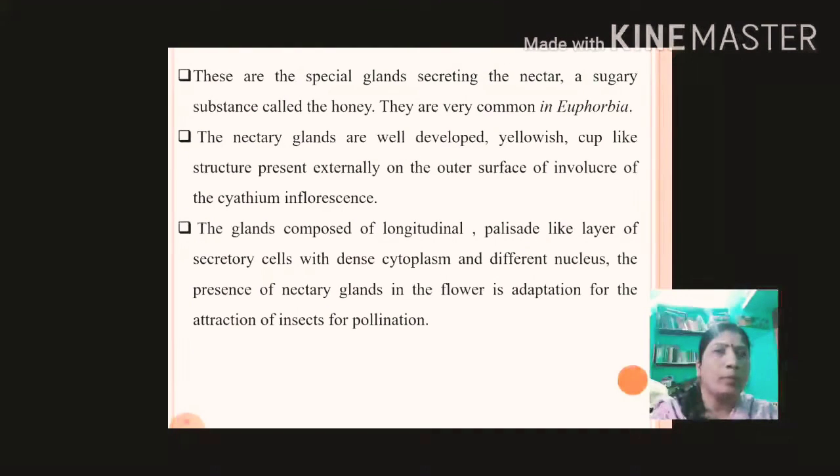These develop as yellowish cup-like structures present on the flowering body of the plant, on the outer surface of the cyathium inflorescence.